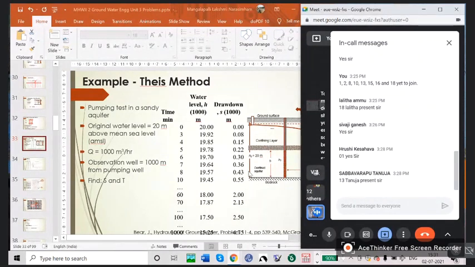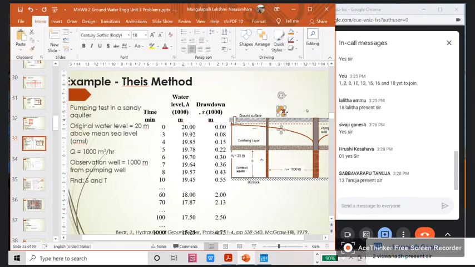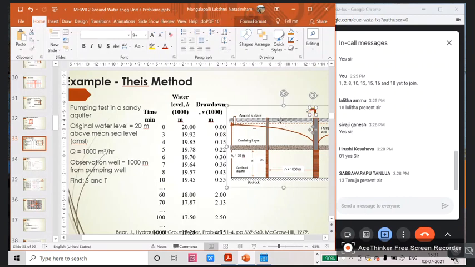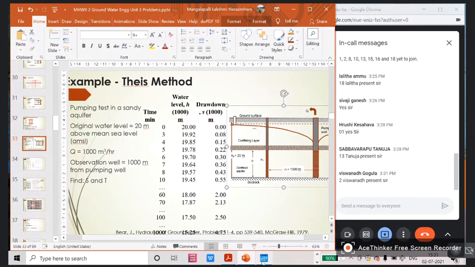H0 is given as 20 meters. Now, the discharge is Q.